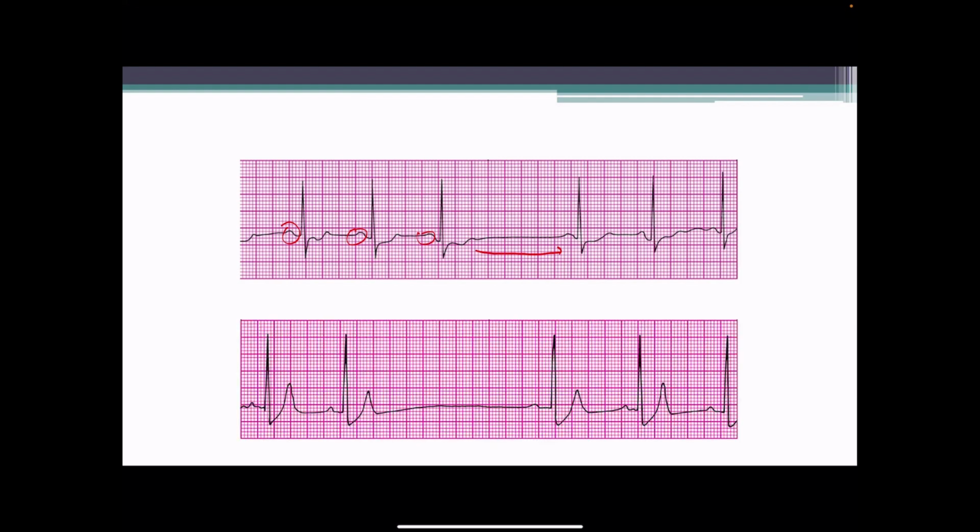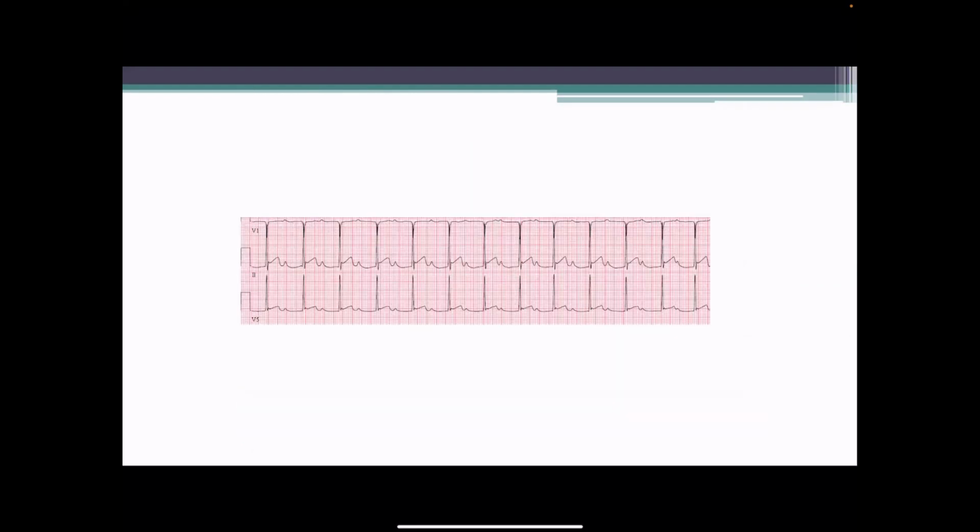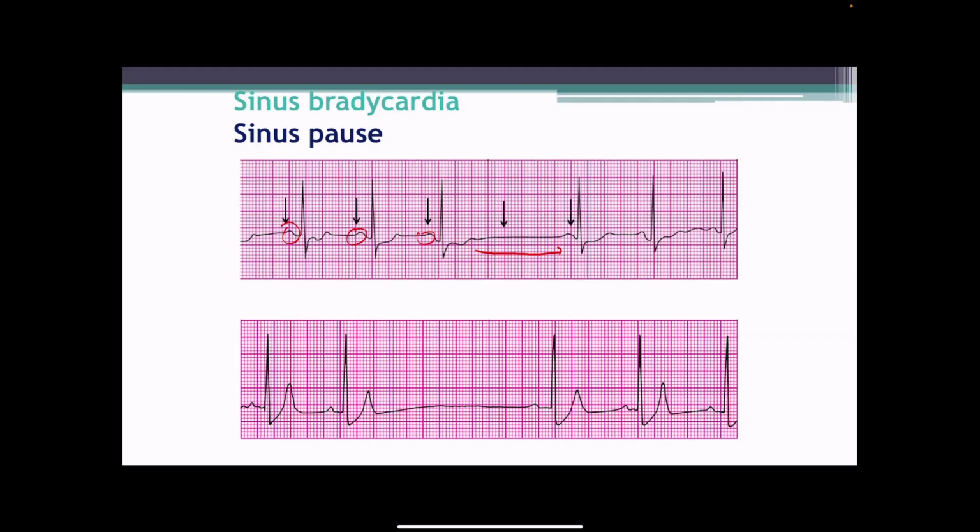This one is also the same. Very easy to figure out. Sinus pause or arrest, same thing. Arrest, I think, is like the entire thing would be flat. This one would be more accurately called a pause because it's just in the middle and then it continues. So sinus pause.